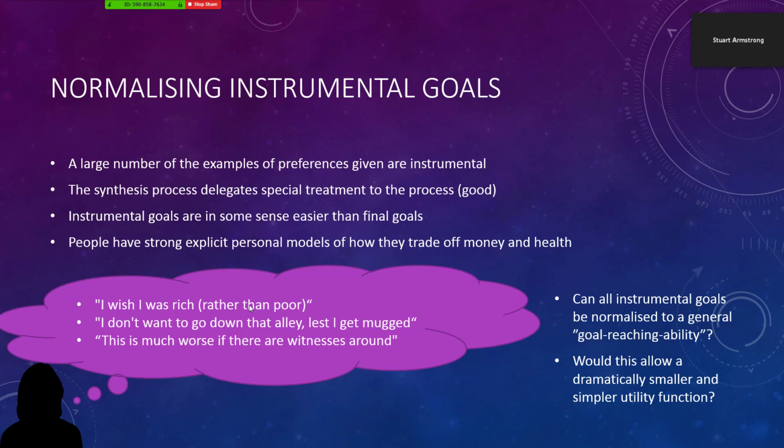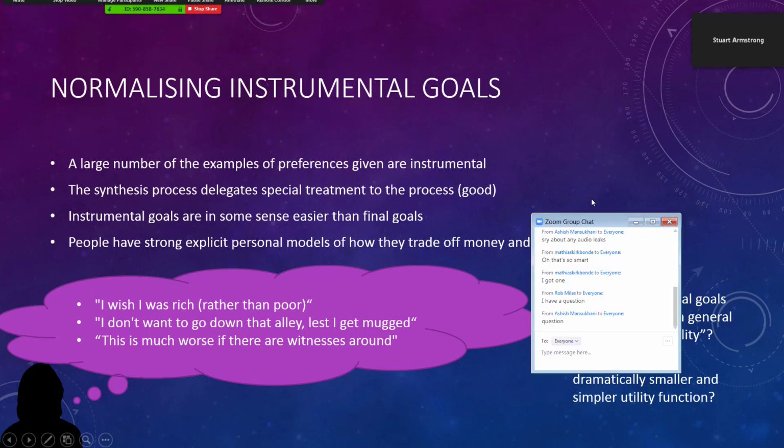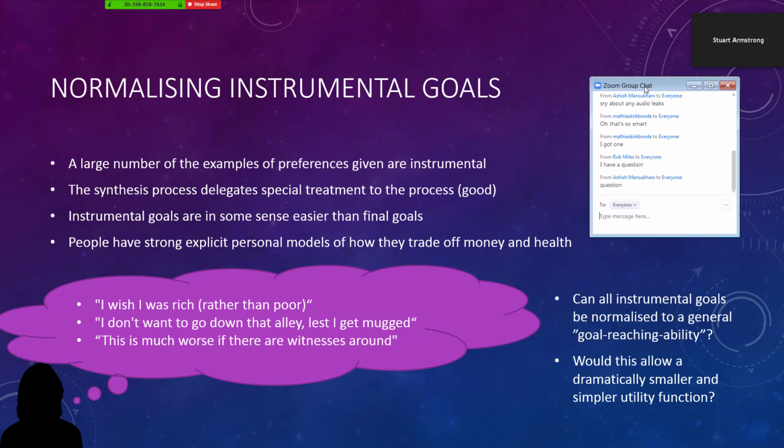So I wouldn't say it's instrumental versus terminal, but sort of short-term, clear-cut goals versus synthesized meta-preference-based goals. Does that make sense? I think it did, yes.